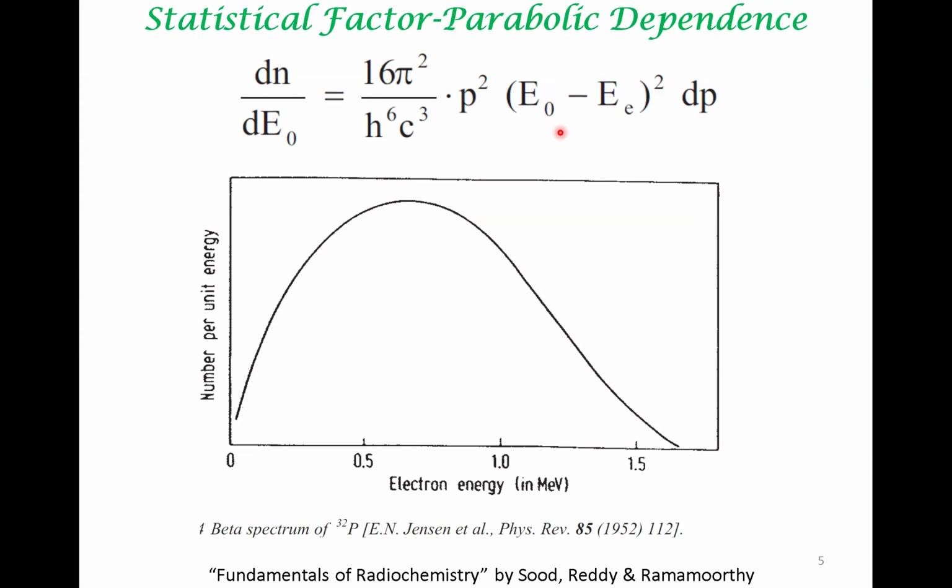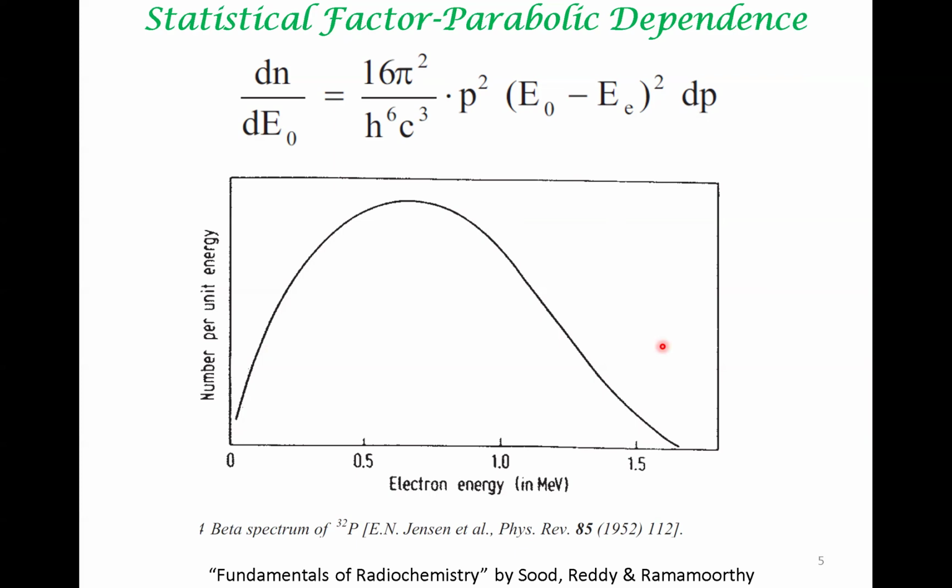So let's try to understand this. When E, that is the electron energy, is very low, this quantity is low, this quantity will be a large number, but the momentum of the beta particle will be less. Because of that, it will be lesser here.